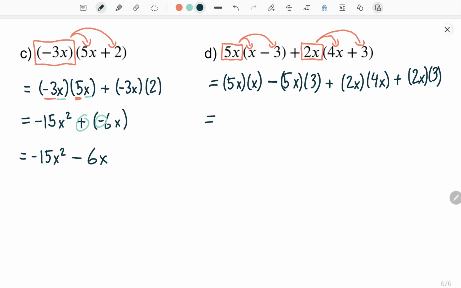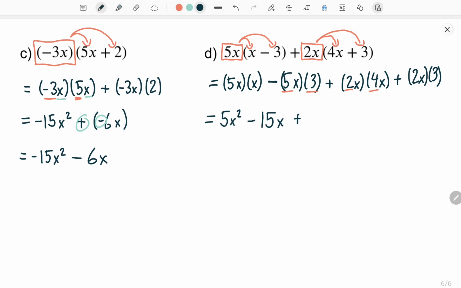So now let's go ahead and do a whole bunch of simplification. So 5x times x, well, even x and an x will become x squared. In the next part, you have 5x times 3. So the 5 and the 3 multiplied together give you 15. And there's just the x. All right. Next, we have 2x times 4x. So let's take a look at the numbers.